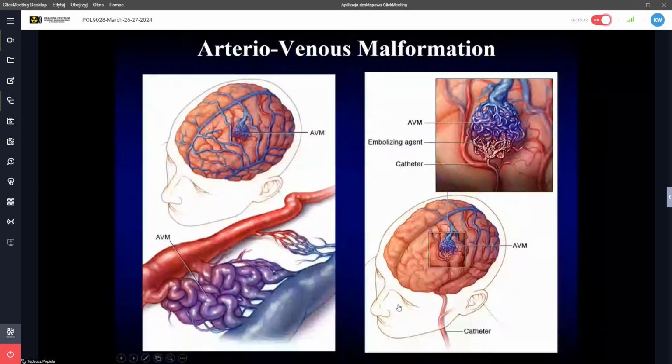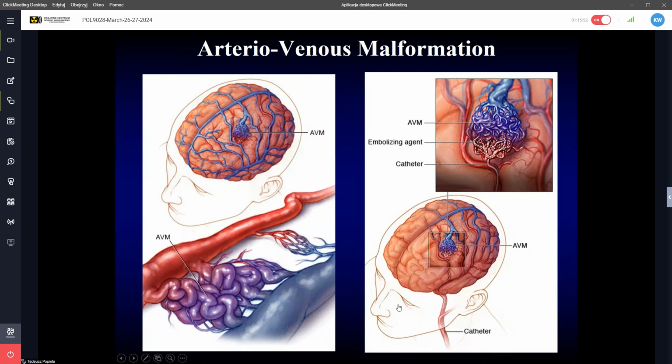Arteriovenous malformation is unfortunately quite a common pathology of the brain vessels. What is the pathology? It's incorrect connections directly between arteries and veins, because usually the blood goes through the capillary vessels.